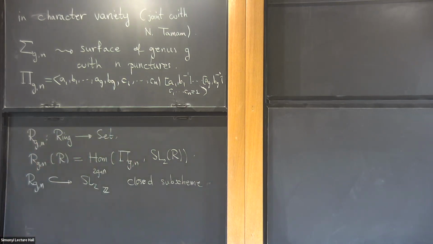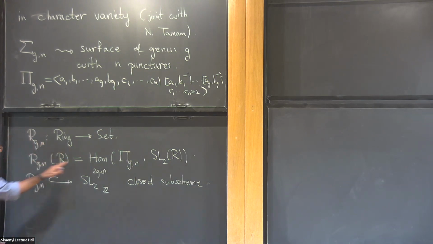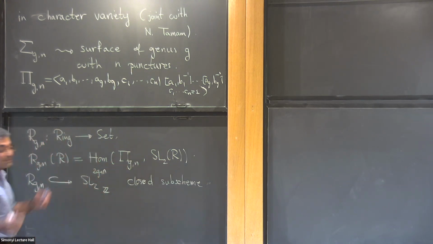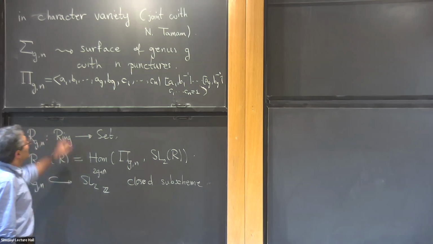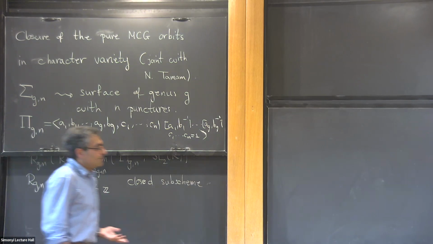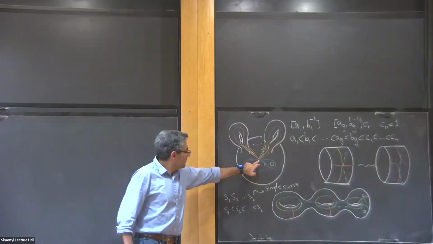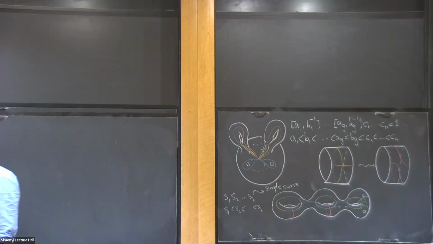Okay, so now in practice, we are often interested not in representations, but in representations up to conjugation by SL2. What do I mean by that? We are interested in the surface at the end of the day, but here it's about a surface with a marked point. If I change the marked point, I'm going to lose the fundamental group.